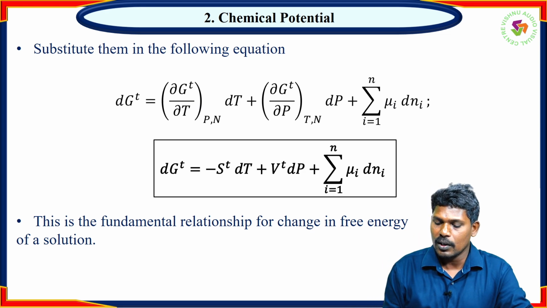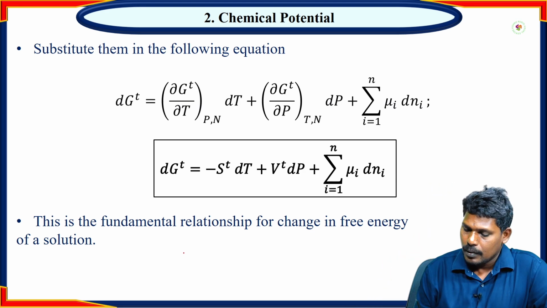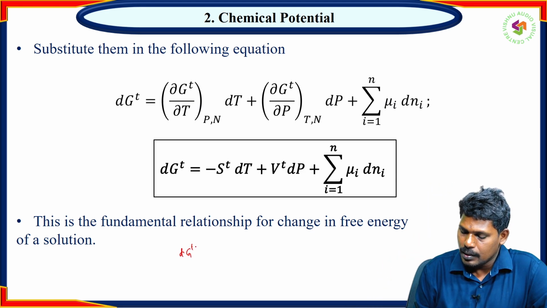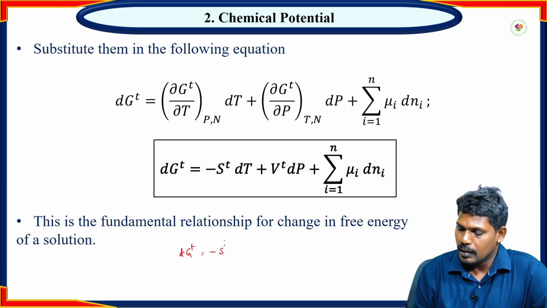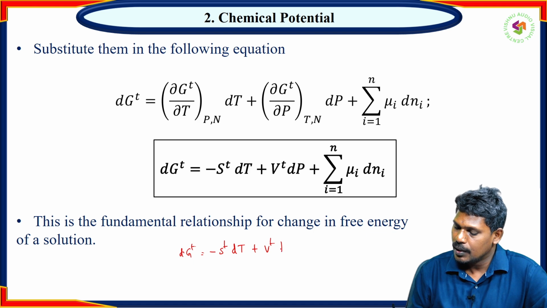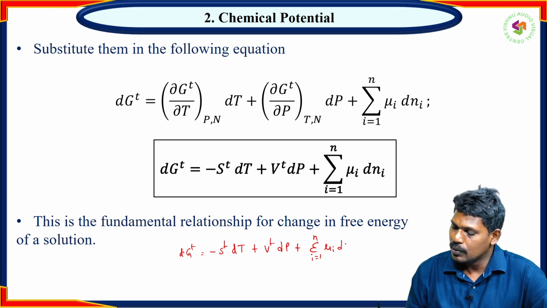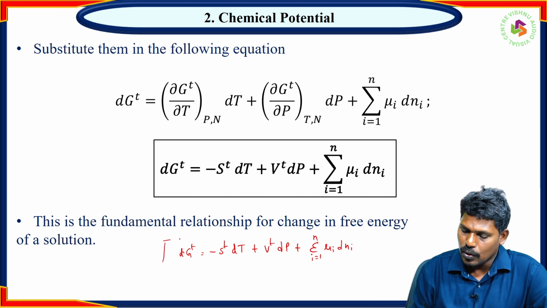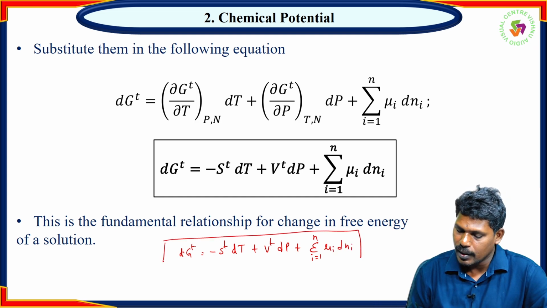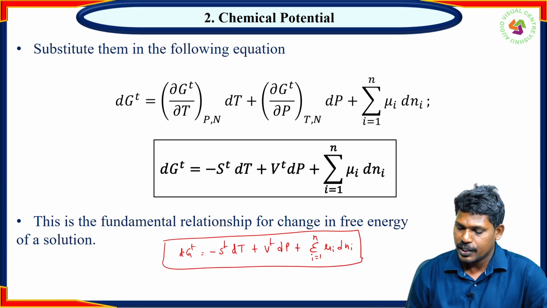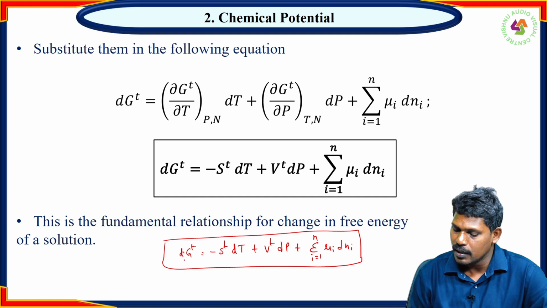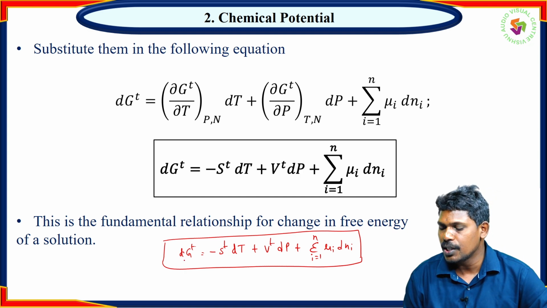So finally we got this one: dGT is equal to minus St dT plus Vt dP plus the summation of i equal to 1 to n of mu i dNi. This is called the fundamental relationship for total free energy change.